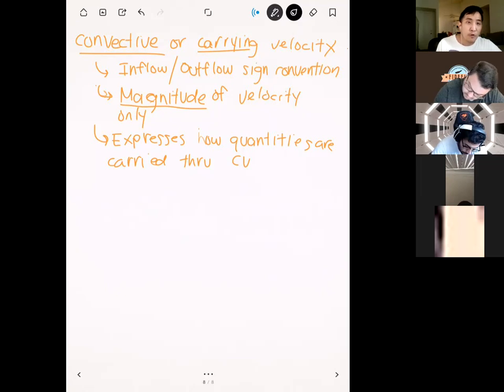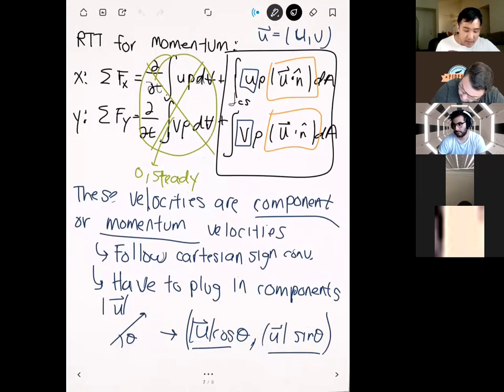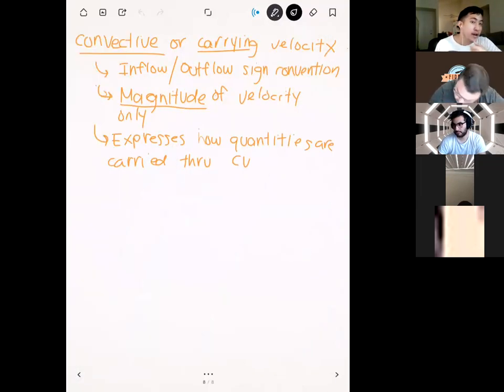But fluids have this very unique thing, where the fluid has momentum and can carry momentum itself into and out of certain places. It's a very weird way of thinking about it, but once you say it a few more times, it starts to make more sense. And that's what this expression basically is. This product of the momentum velocity here and the carrying velocity right here expresses how momentum can be carried through a system.